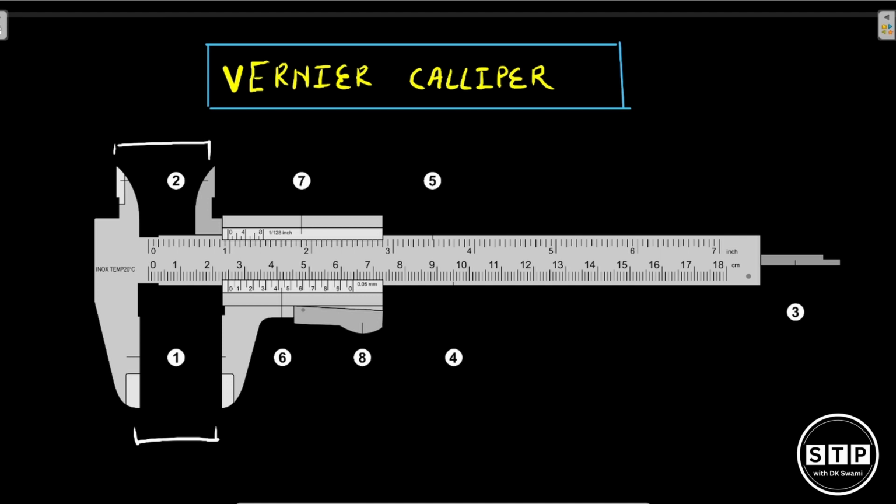This is called the main scale, which is similar to our general scale. This is called the vernier scale.